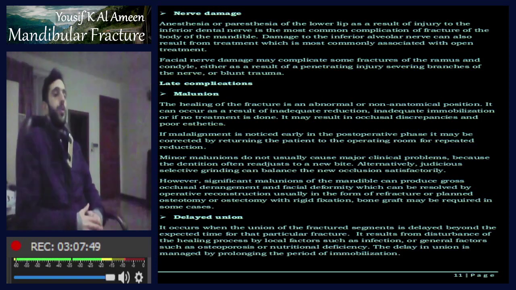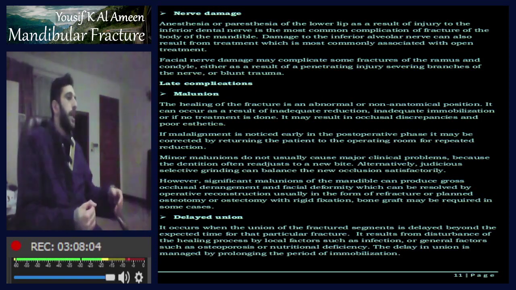Delayed union. It occurs when the union of the fracture segments is delayed beyond the expected time for that particular fracture.